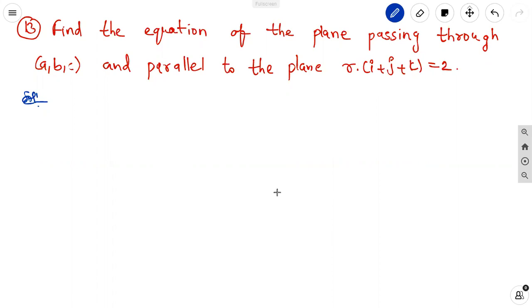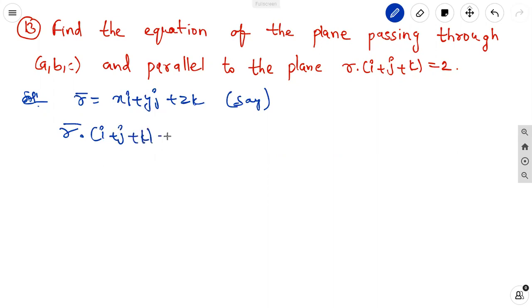First, let us take the Cartesian form. The position vector r is equal to xi plus yj plus zk. Then r vector dot (i plus j plus k) is equal to 2.